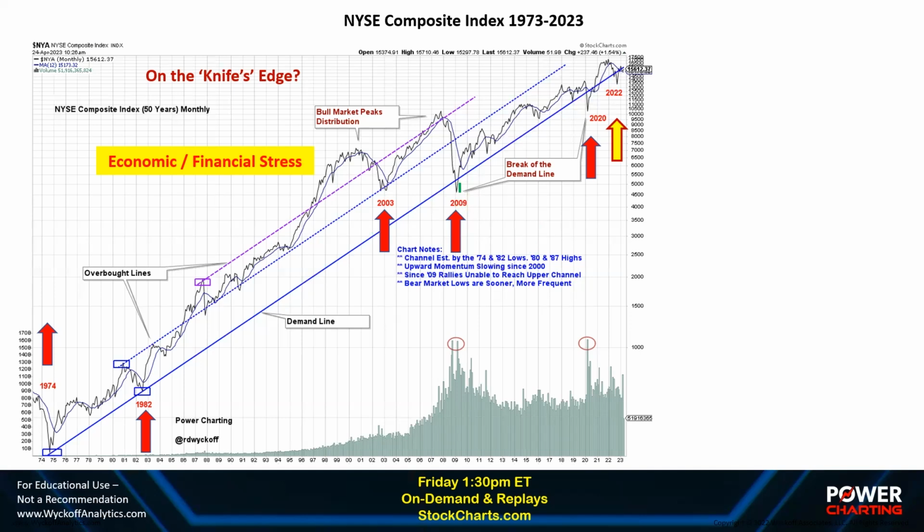And this was able to really kick off the next bull market run. And so we can see these red arrows represent these periods. 2020, where look at the loss of momentum in that run up there into the 2018, 2019 highs, and then that break of the demand line. Well, it got pretty deep, but the Fed came in, got to work, sent interest rates down to about the zero bound, and produced a really nice uptrend in stocks in 2020 into 2021.